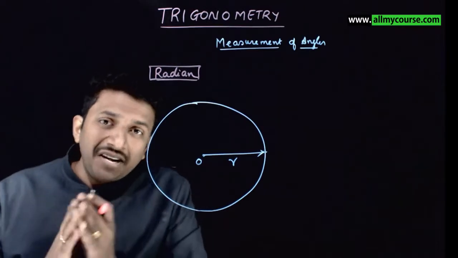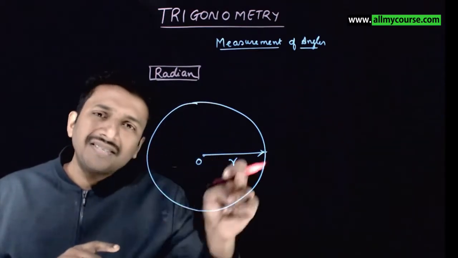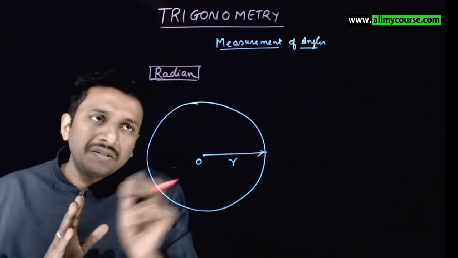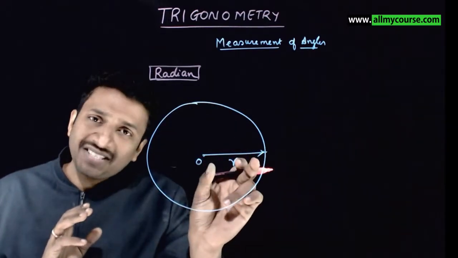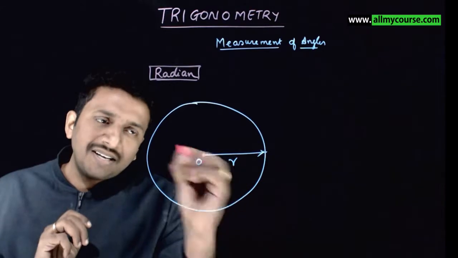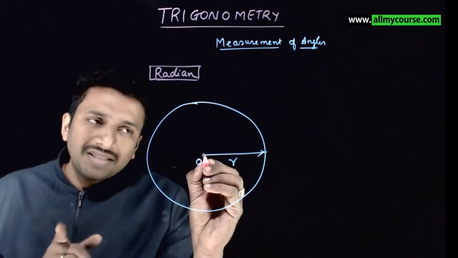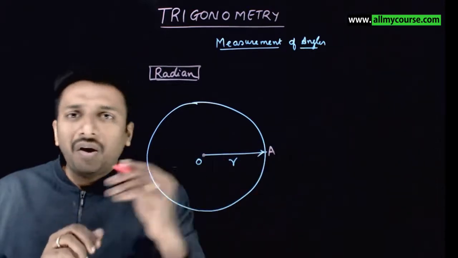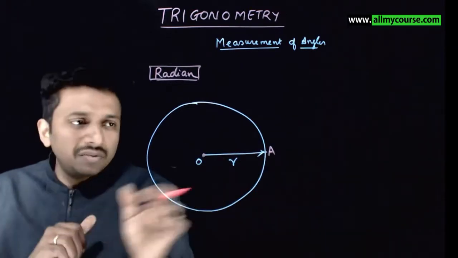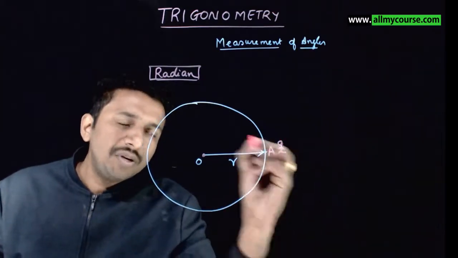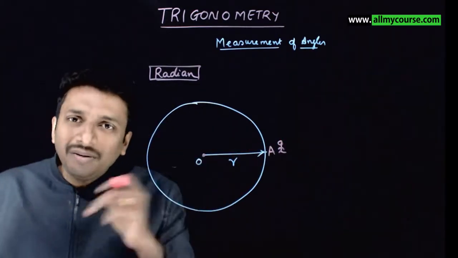To understand a radian, let us first consider a circle with radius r and center O. Now let us join the center with some point A on the circle. We know that the radius is r. Now assume that you are a person walking on the road.